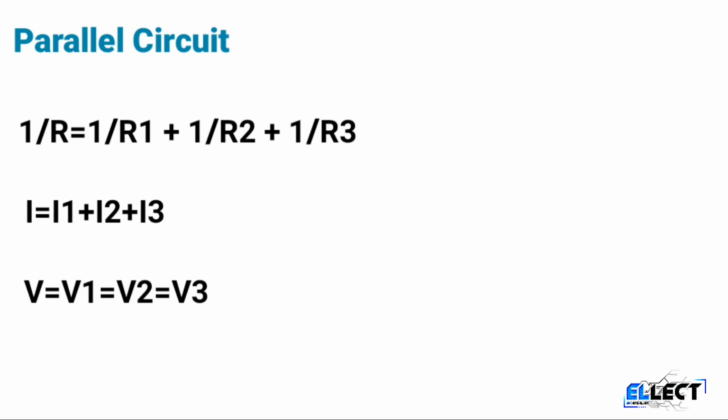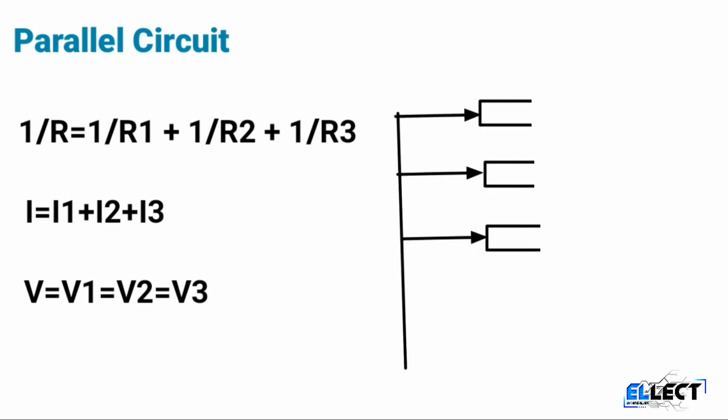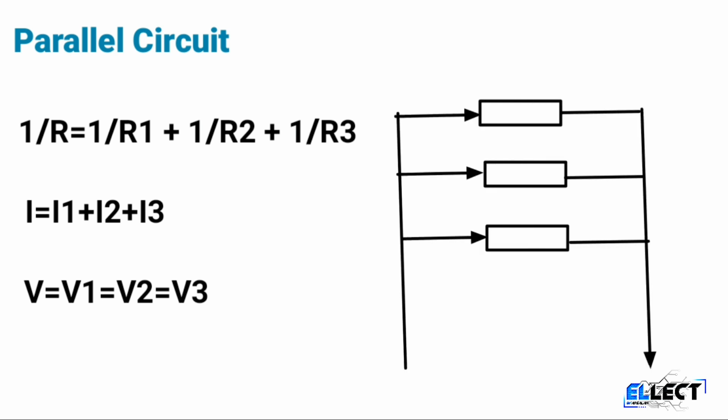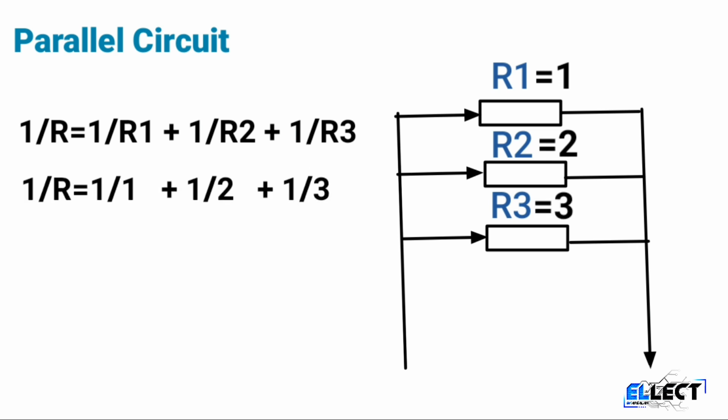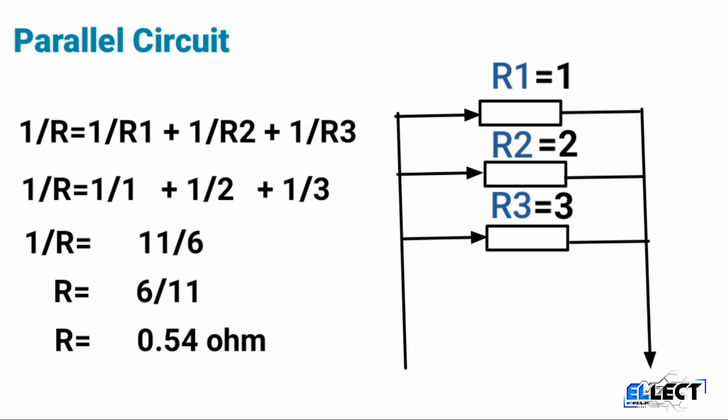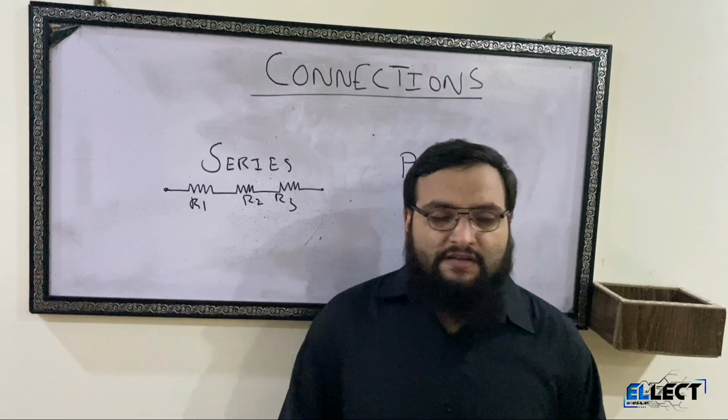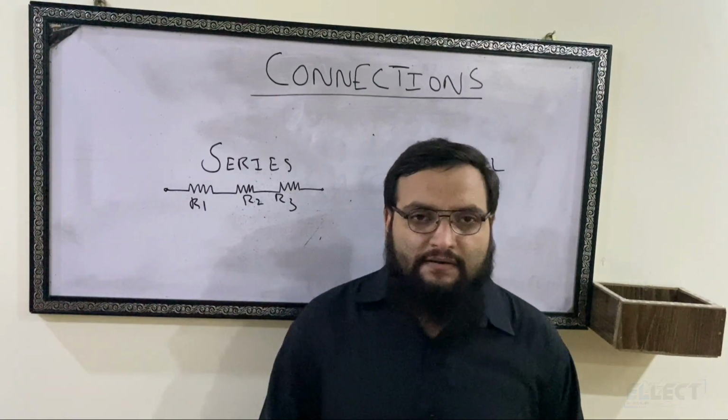We can say that the equivalent resistance of resistors connected in parallel will be less than the least value of an individual resistor. Let's suppose R1 is equal to 1 ohm, R2 is equal to 2 ohm, R3 is equal to 3 ohm, then the equivalent resistance of the resistors connected in parallel will be a value less than 1 ohm.